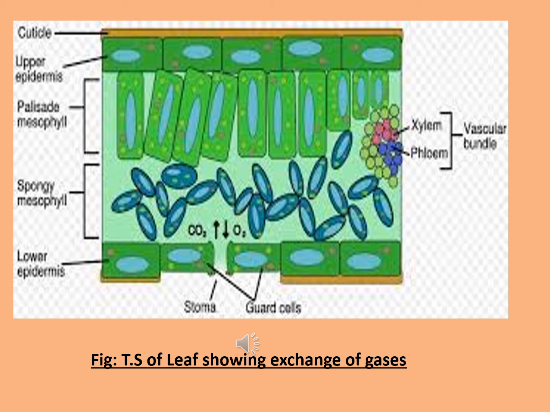Again, we can see in between the upper and lower epidermis there are two different types of cells inside: palisade and spongy cells. Palisades are long elongated cells having numerous chloroplasts inside.